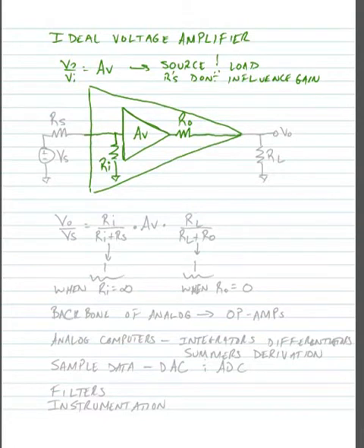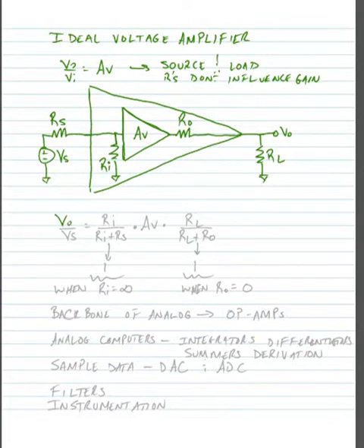And so let's imagine that we have a voltage source that has some source resistance, R sub S. So this is our voltage source with a resistance R sub S. And imagine that we have a load resistance that we're trying to deliver some voltage signal to, V out.